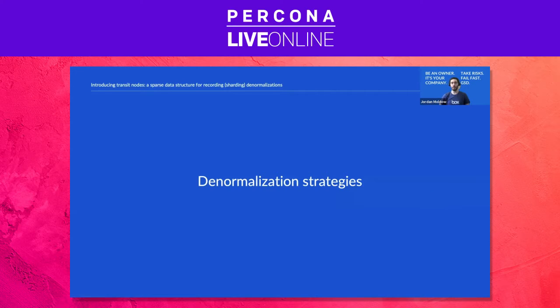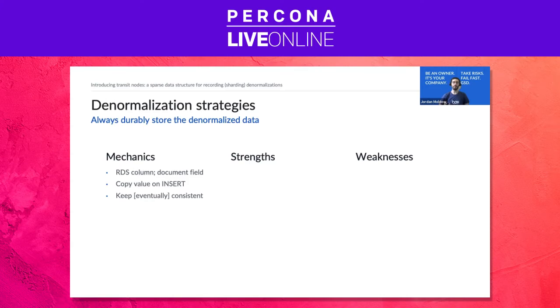Most of you have probably worked with denormalizations before, but just to make sure we're all on the same page, I want to briefly talk about some typical denormalization strategies and why we couldn't use them, but where we took inspiration from. The first denormalization strategy is to denormalize the data fully throughout your tree.